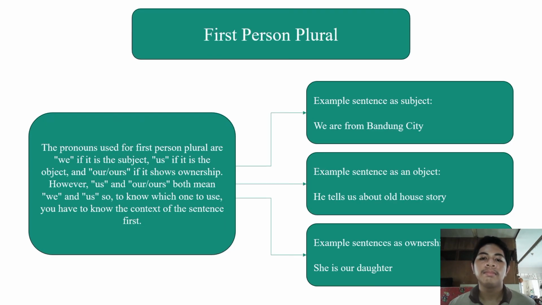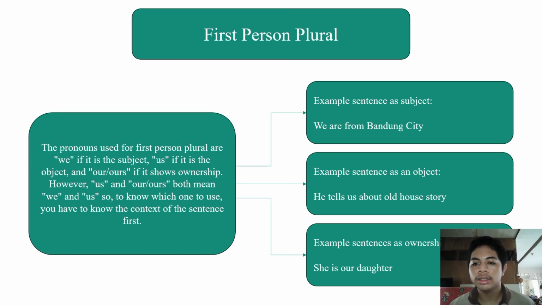First person plural. The pronouns used for first person plural are we if it is the subject, us if it is the object, and our or ours if it shows ownership.